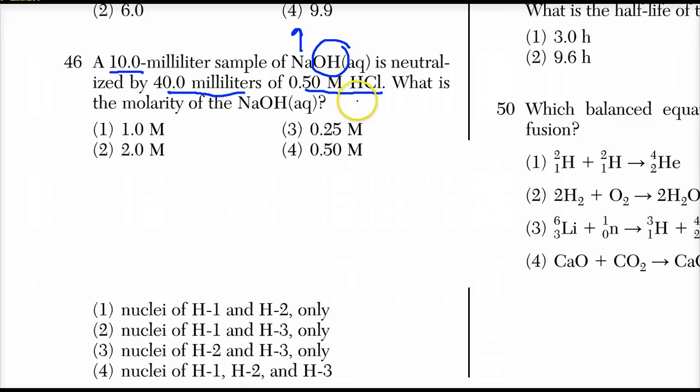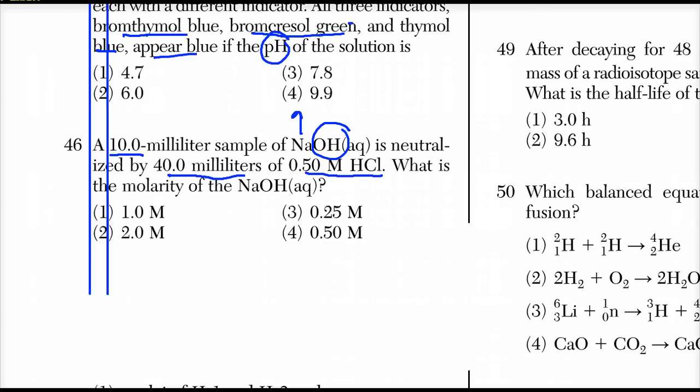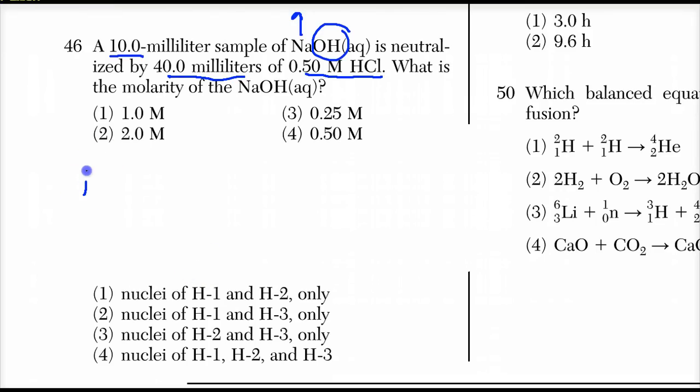Now, when you've done neutralization problems before, you've used this formula: MV of the acid equals MV of the base. Notice that my acid is monoprotic.